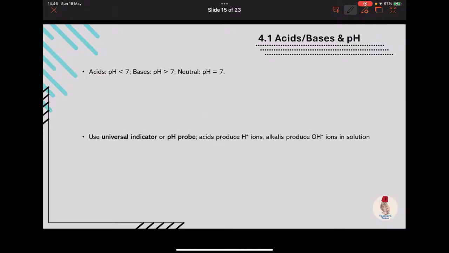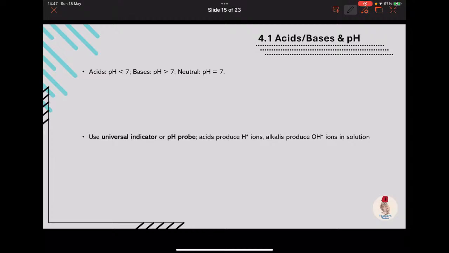Next, you're moving on to acids, bases, and pH. Now, you can measure the pH of anything using a pH probe or universal indicator. Now, with universal indicator paper, you'd put the paper into a solution, and it would tell you the pH. So, if you put universal indicator into, let's say, hydrochloric acid, it will go a sort of reddish yellow color.